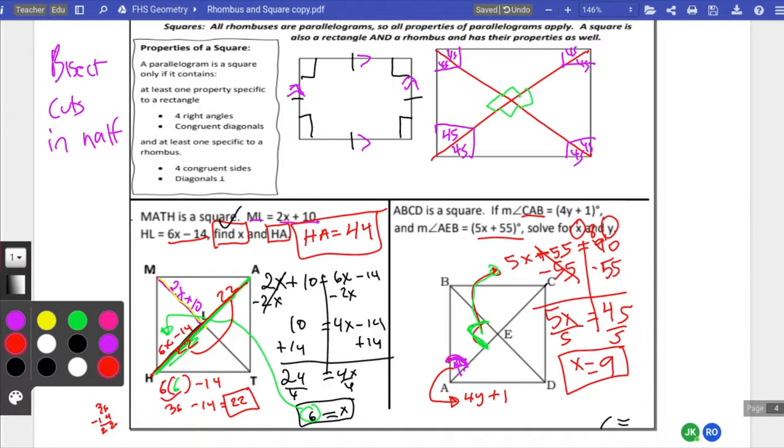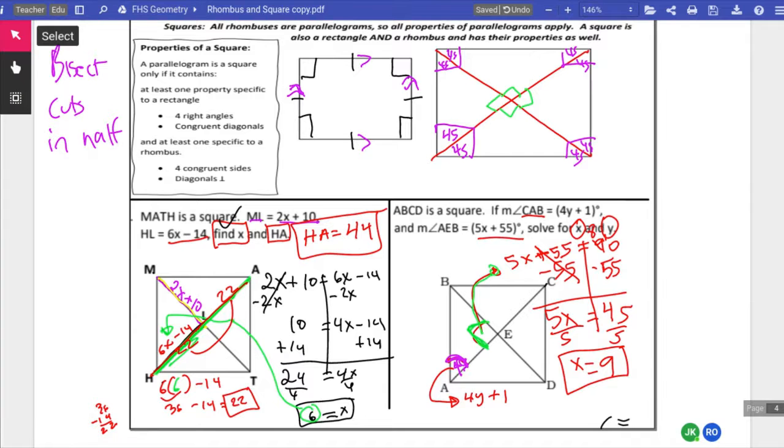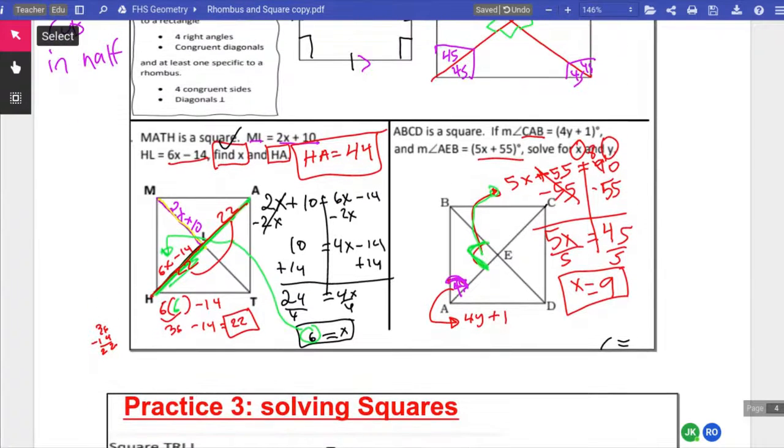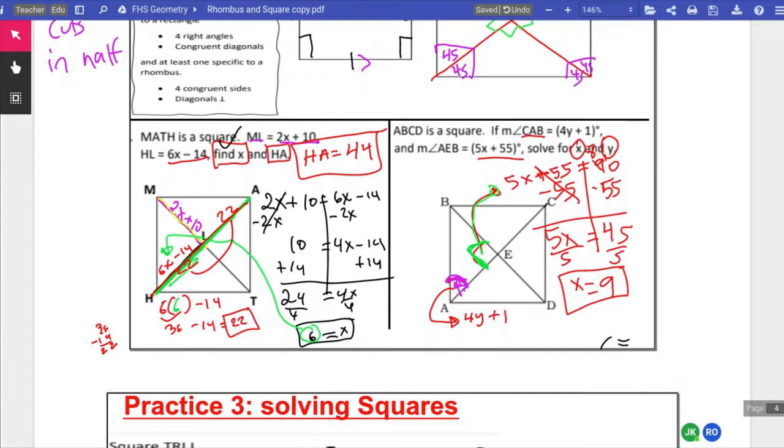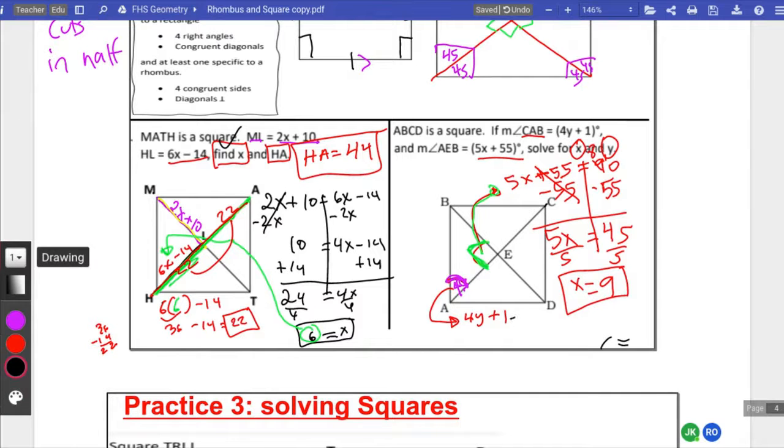So in that work, we would do the 4y plus 1, let me move this down a little bit, equals 45. Let's solve. Subtract 1, you get 44. 4y, divide by 4, divide by 4. We get y equals 11. And just like that, we are done.